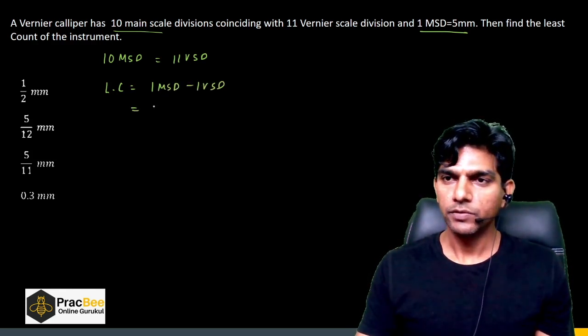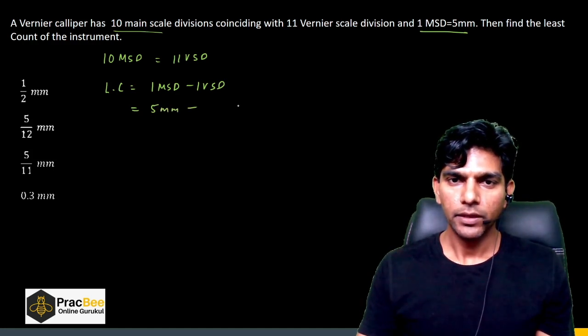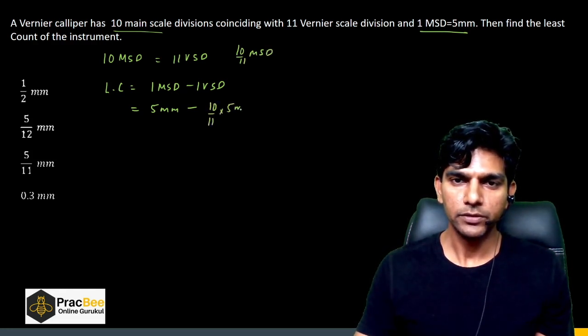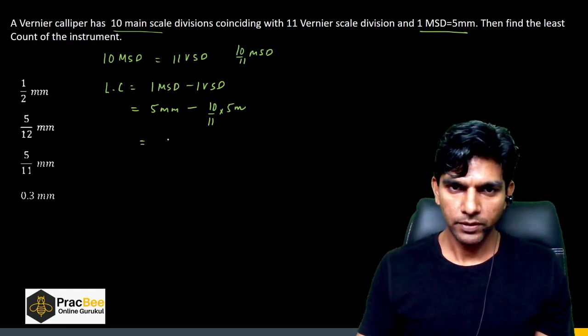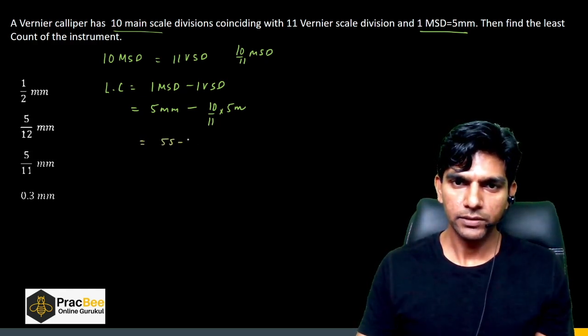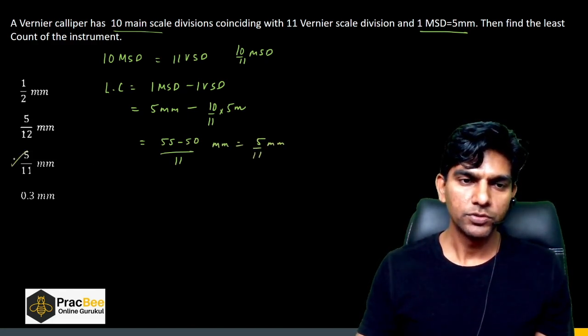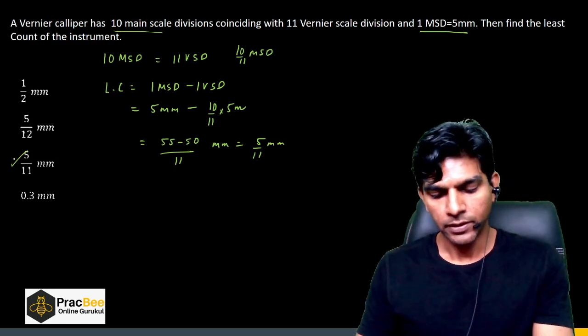So one main scale division is 5 millimeter, and one vernier scale division will be 10 by 11 main scale division. So that will be 10 by 11 times 5 millimeter. So from here, it will be (55 minus 50) by 11 millimeter. So it comes out to be 5 by 11 millimeter. So option C is the right answer.